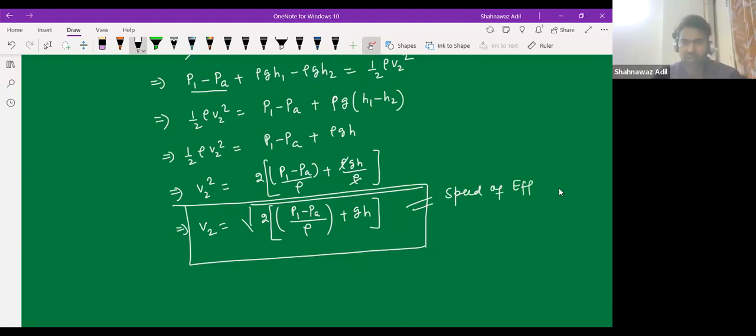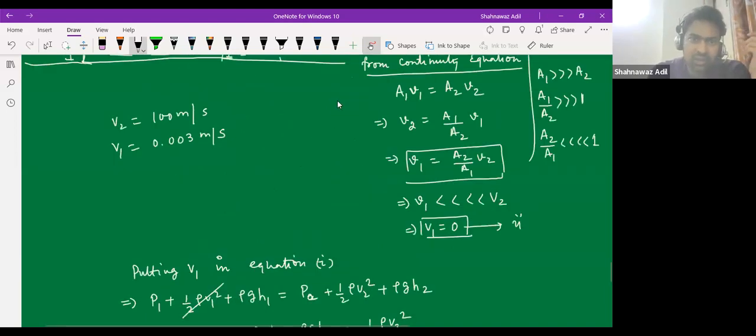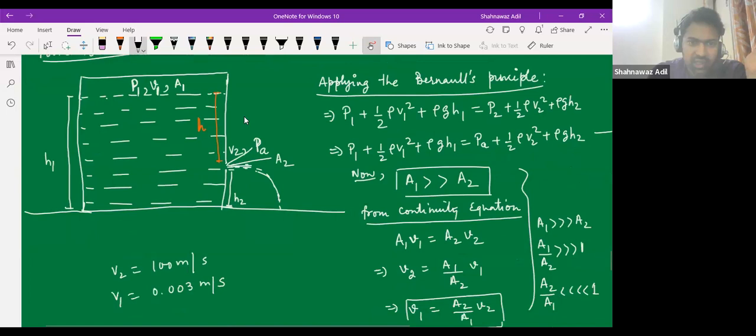Right. And now let's say some cyclone or some high wind comes, and the top of this water tank is gone, right? If this top is gone, then what will happen?